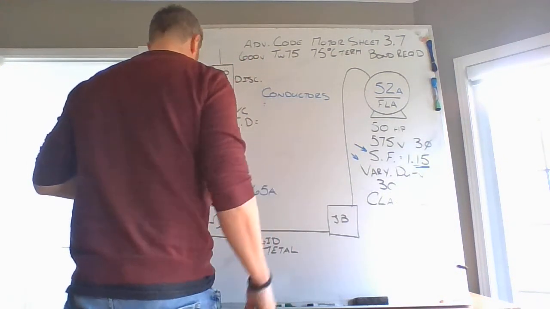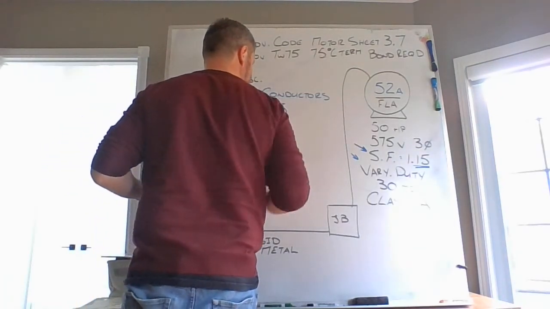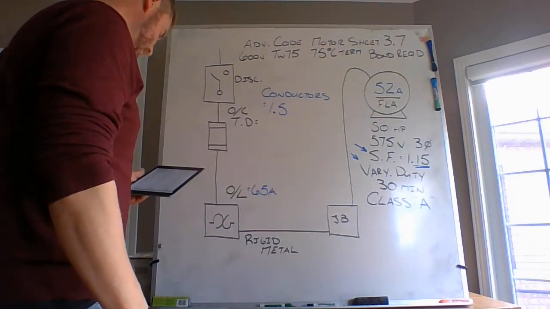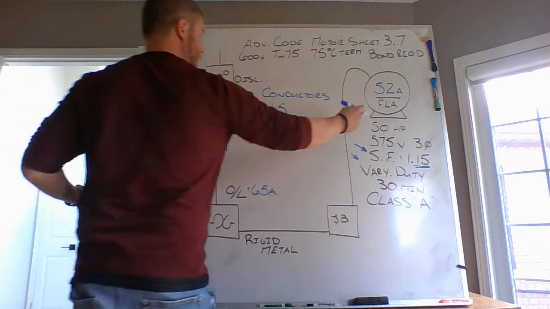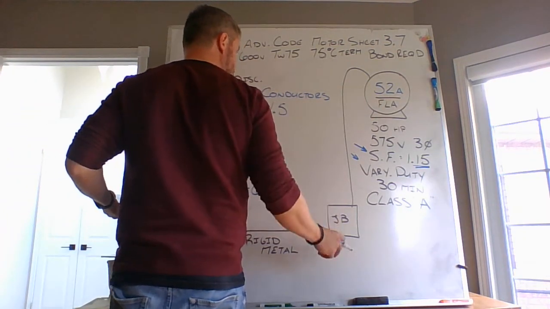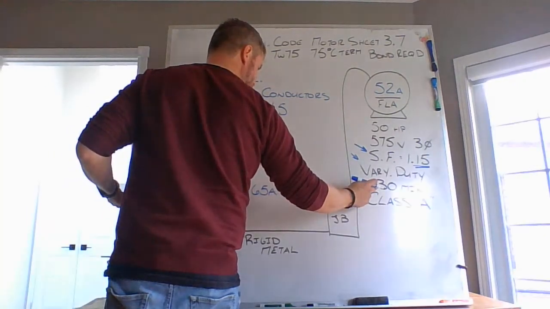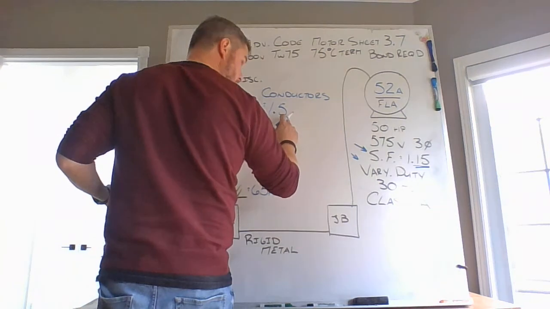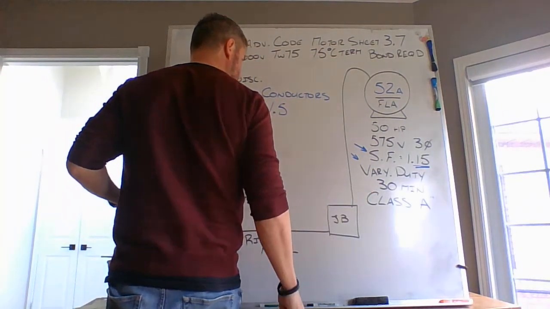That multiplier is 150%, or a multiplier of 1.5. I still am based on my full load current rating of my motor, but for my conductors, because of the demand on that motor, I'm at 150%, not 125, just because of the varying duty 30-minute rating.